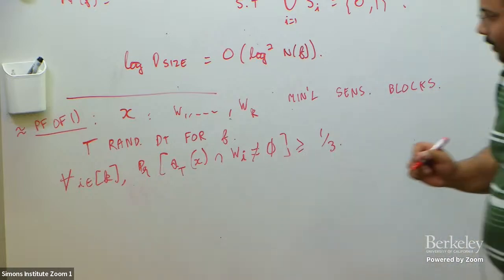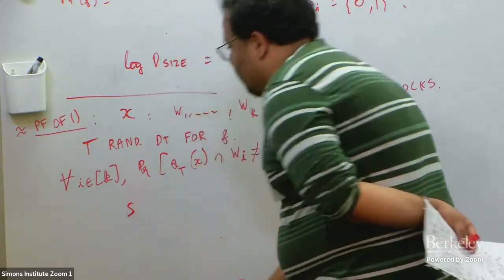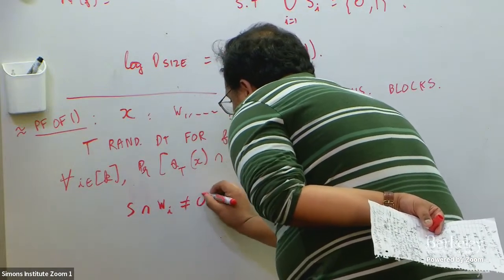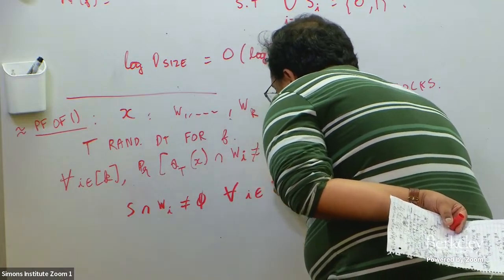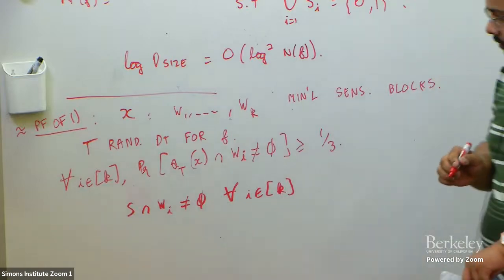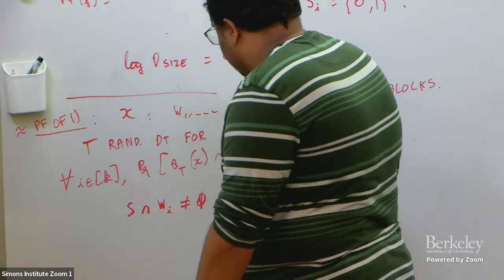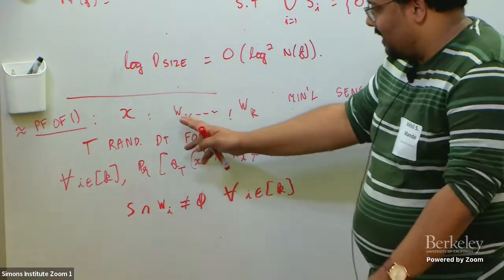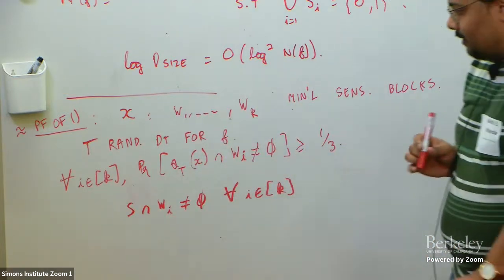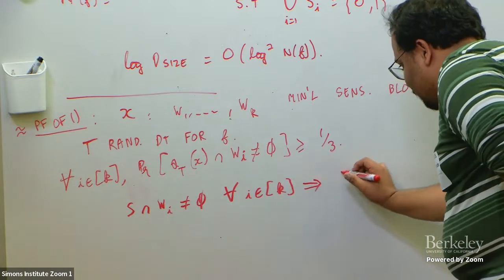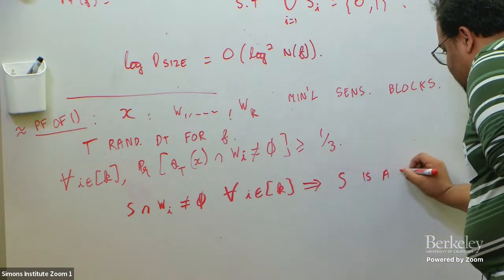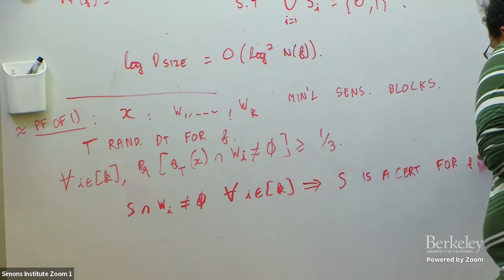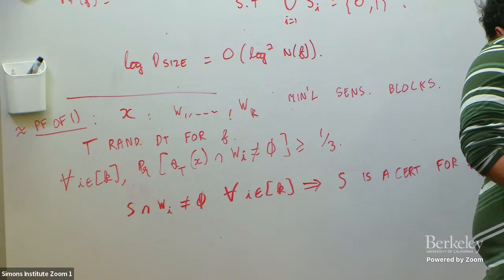And the next property that we're going to need is that if on input X, you have queried a set S such that S intersection Wi is non-empty for all i, so suppose on input X, you've queried variables in S, and suppose it so happens that S hits this collection W1 to WK, then we're going to need to conclude that S is a certificate for X, for F at X. What does this mean?